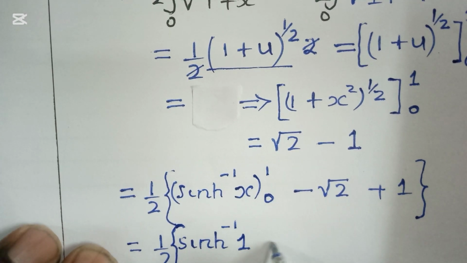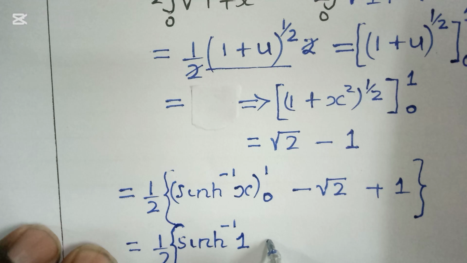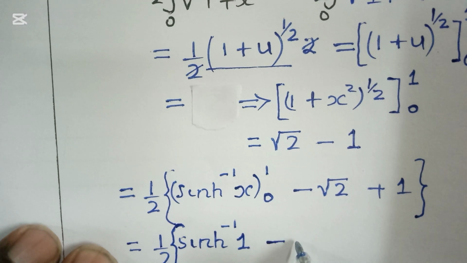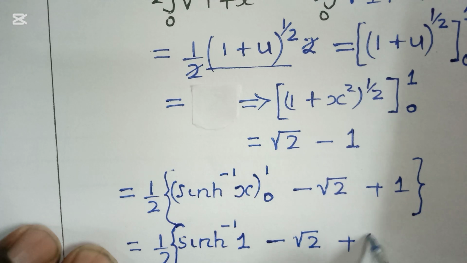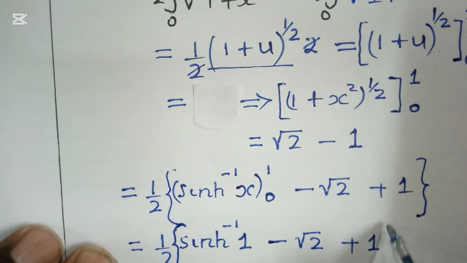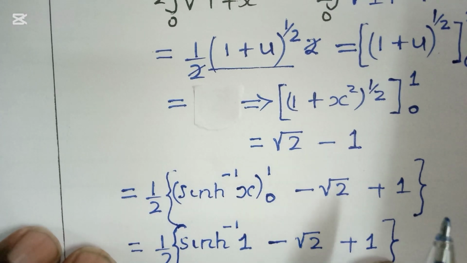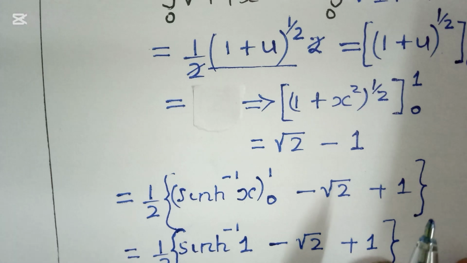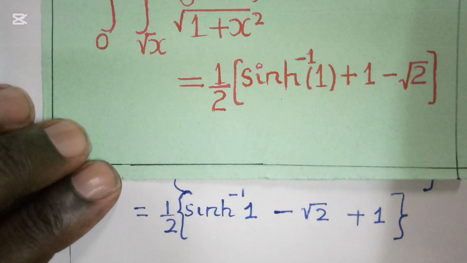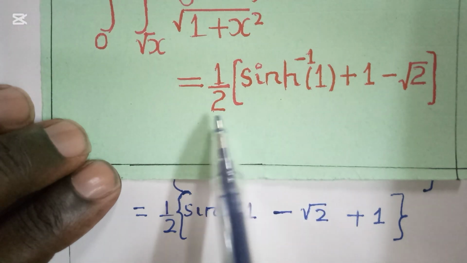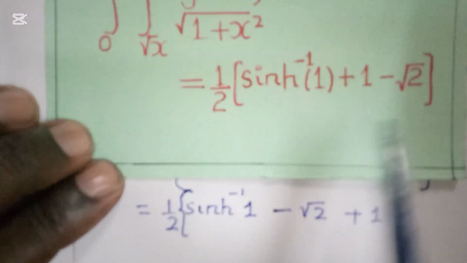So we shall do away with that. So this is minus square root of 2 plus 1. And so guys, now this becomes our solution, even as we can see here, right here. So as you can see, we have already proved.